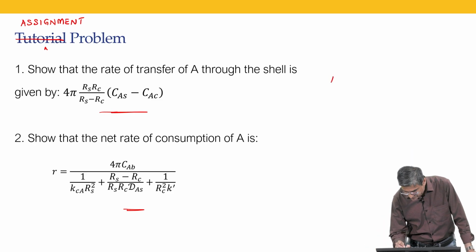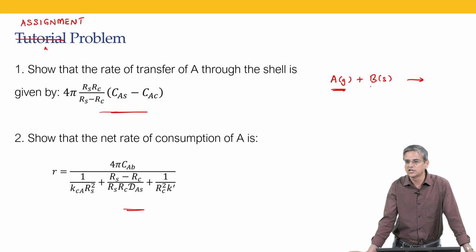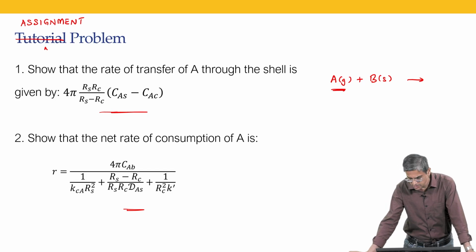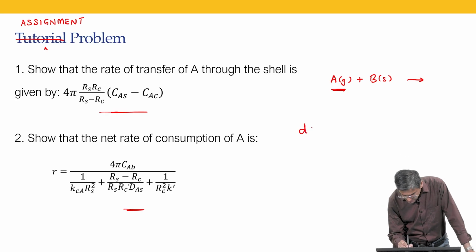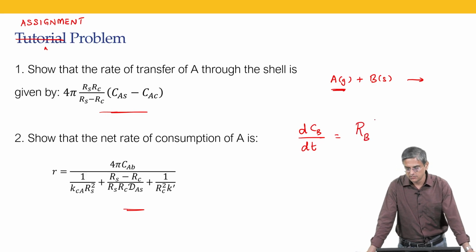So far, when we had A(g) plus B(s), we have talked about how A changes and how the reaction rate changes. What we did last week in the TA run module is I took up a case where RB is equal to minus 1 multiplied by R. This is what you would have done.